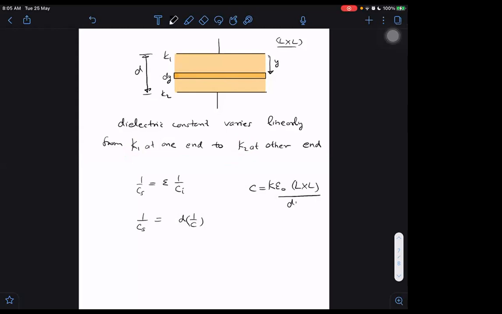What is the width? The width is dy. Notice the width is not large here for the element. The capacitance of the element is this. What will be the reciprocal of that?